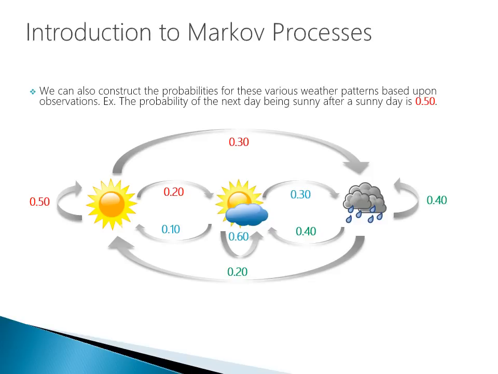I tried to color code these to make it a little easier in the next couple of slides when we start working with these figures. But we can, through this approach, ask: what's the probability of it being sunny when the preceding day was sunny as well? And what's important to note is that the total sum of each of these colored probabilities is equal to 1.